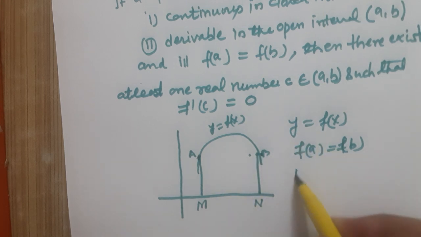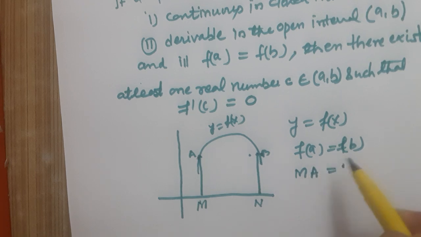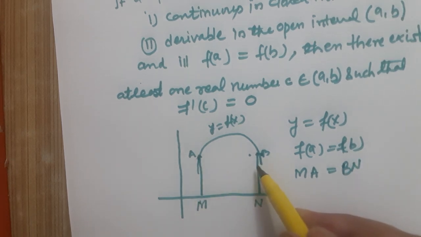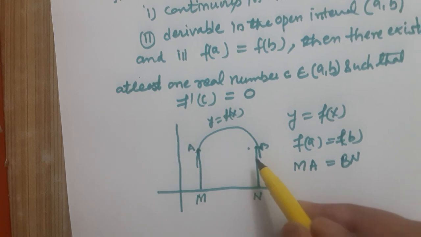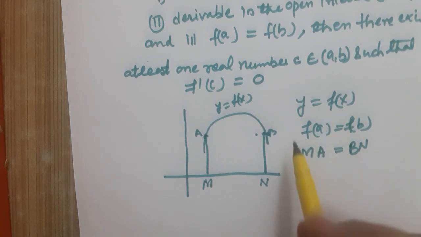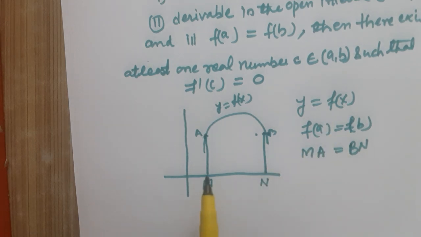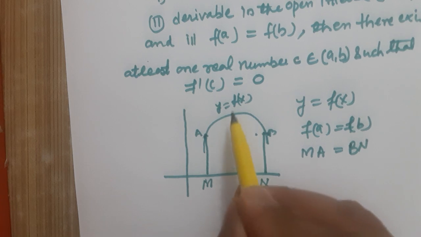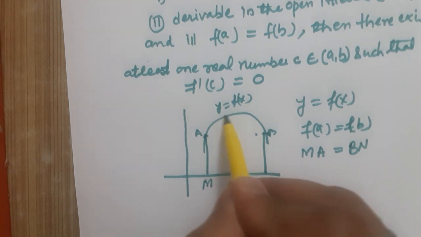It means that MA equal to BN. So Rolle's theorem asserts that there is at least one point between A and B such that the point is here.